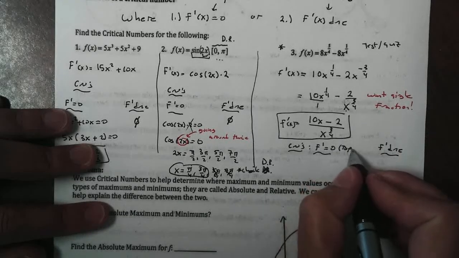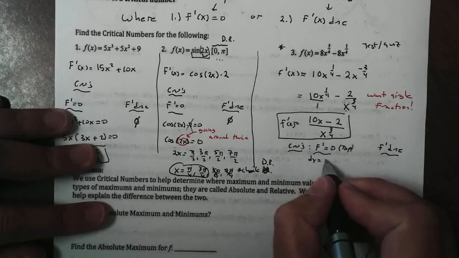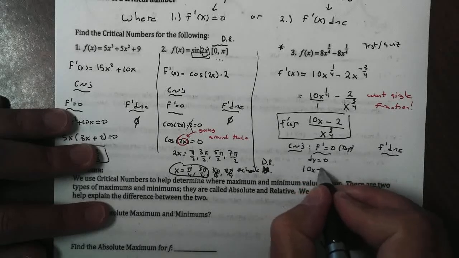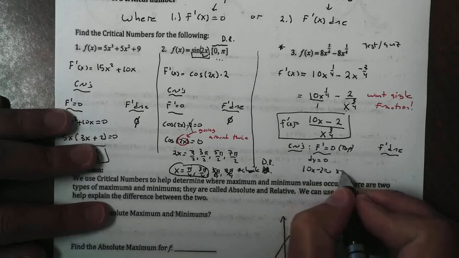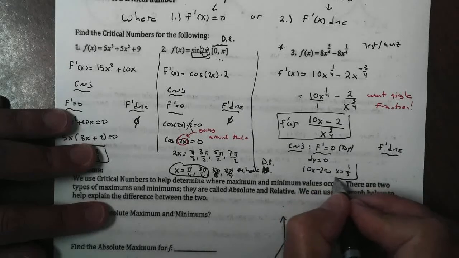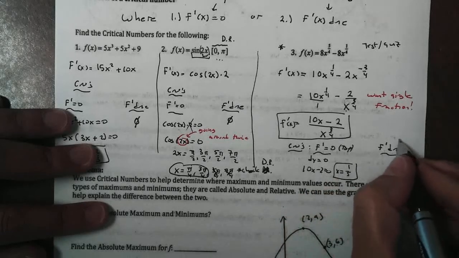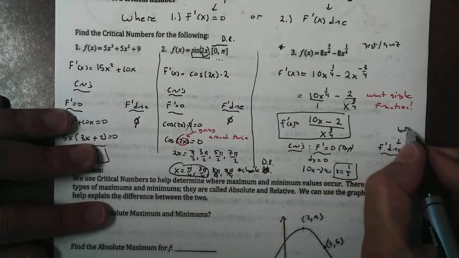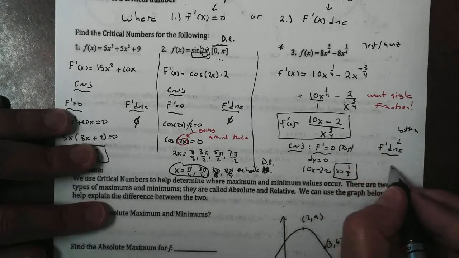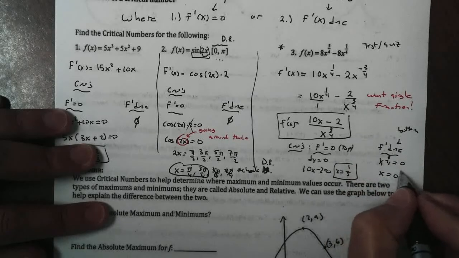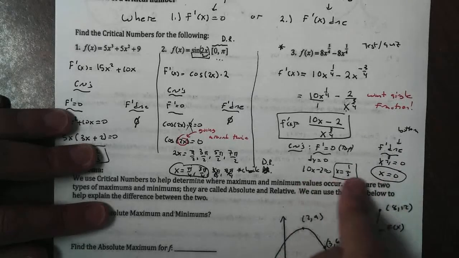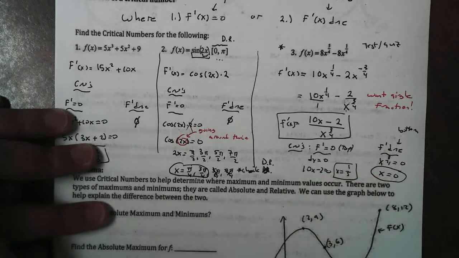Our dy is 0. And if we do that, 10x minus 2 equals 0. x equals 1/5. Where it does not exist, that's going to be dealing with our bottom. So I set that x to the 3/4 equal to 0, and we get x equals 0. These are our critical numbers right there.